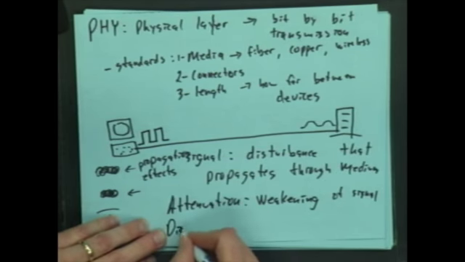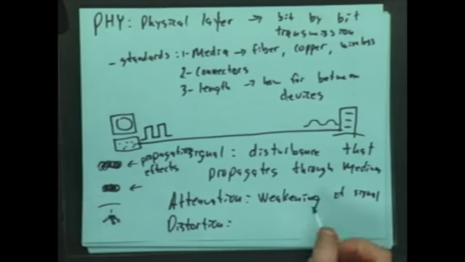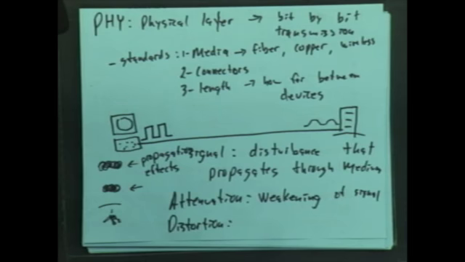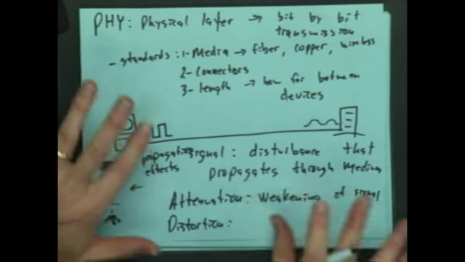The other effect is distortion. Distortion is the flattening out, or what am I calling it here? Dissipation? I always have a good word for this. Oh, I just have changing. Okay. Well, anyway, it dissipates.